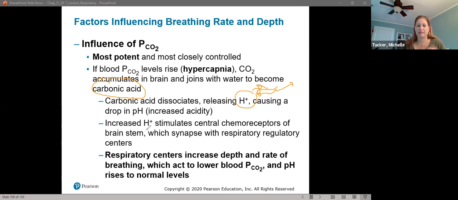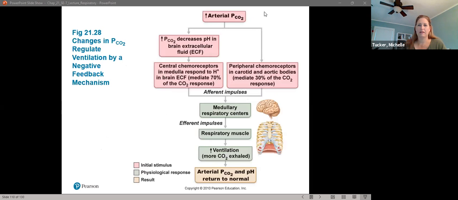An increase in hydrogen ions stimulates the chemoreceptors, which will increase the depth and rate of breathing to lower PCO2 and in the process lower pH. We'll learn more about that with acid base. So if we get an increase in partial pressure of CO2, we're going to get a decrease in pH in the extracellular fluid. And these hydrogen ions get trapped in the extracellular fluid because they actually have to be transported across.